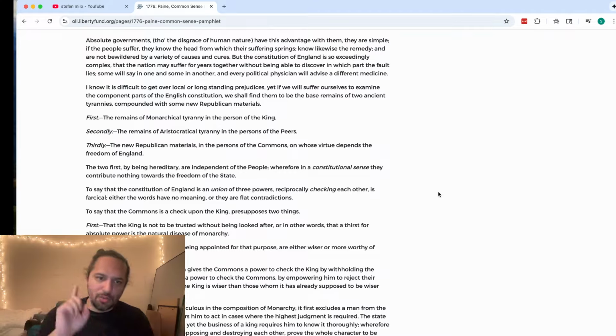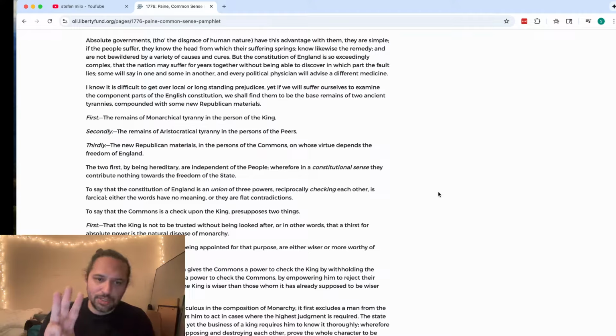First, the remains of monarchical tyranny in the person of the king. Second, the remains of aristocratical tyranny in the persons of the peers. Now, peers were elites. Thirdly, the new republican materials in the persons of the commons, on whose virtue depends the freedom of England.